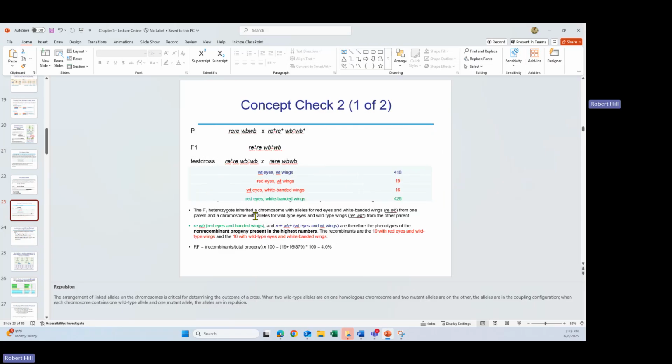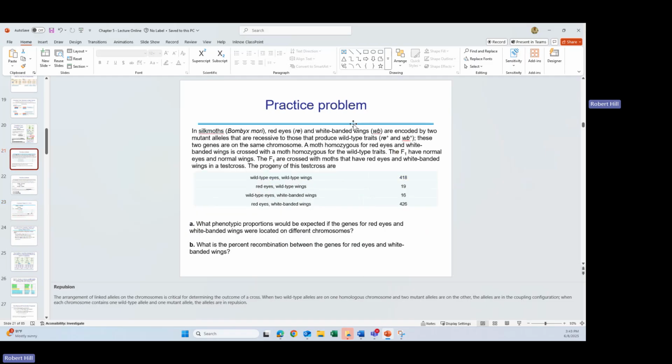So now, how do you know which is which? Well, there's two ways to know. In this problem, there's definitely two ways to know. One way is you can look at the progeny and see which ones are new recombinations.